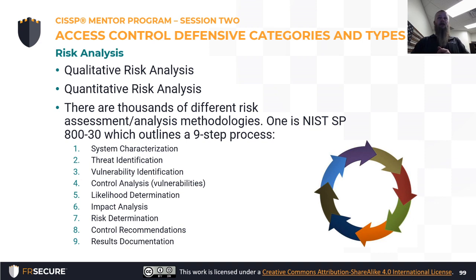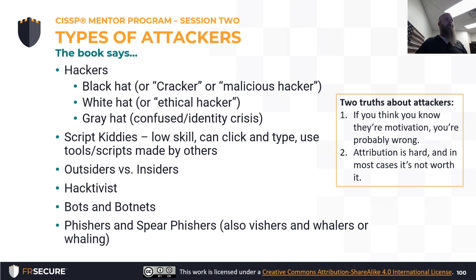SP stands for Special Publication. 800 series, publication number 30 within that series. It's a 9-step process: characterization, threat identification, and so on. You don't need to necessarily memorize the 9 steps in order and what they all are. Just know that NIST SP 800-30 is a risk assessment methodology, and you're probably fine.